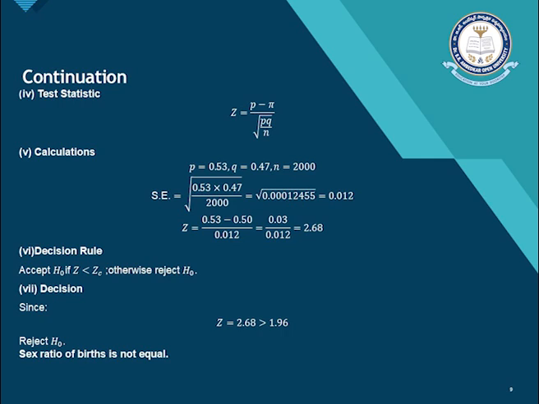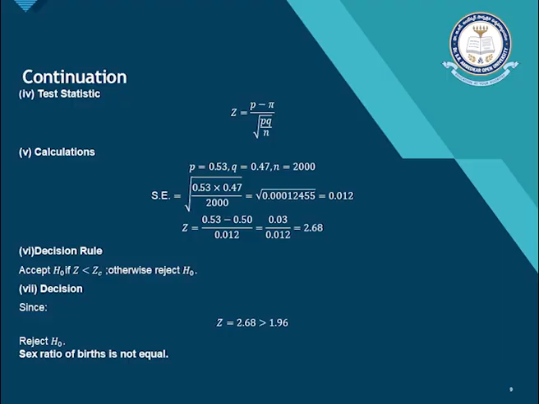Here, P, the sample proportion, is 0.53, and Q, 1 minus P, is 1 minus 0.53, which is 0.47. N is 2000, and the standard error is the square root of 0.53 times 0.47 by 2000, which is 0.012.